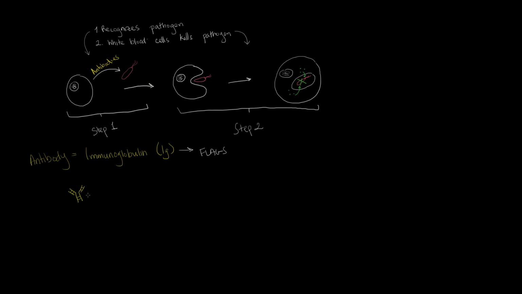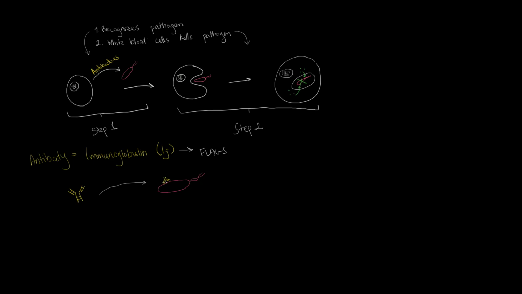So you can imagine these antibodies are floating around in your blood, let's say. And if you're infected with a pathogen that this antibody recognizes, floating around in the blood, the antibody will actually bump into the pathogen and stick to it.